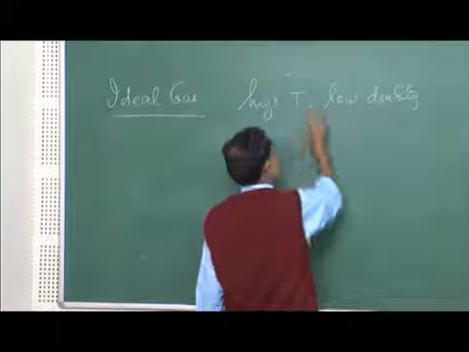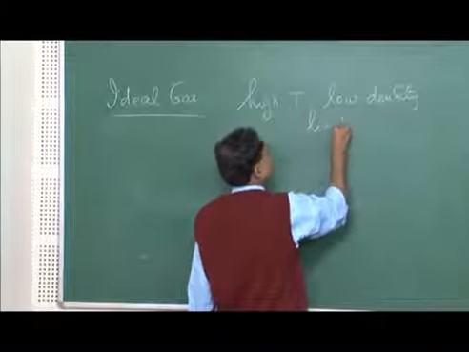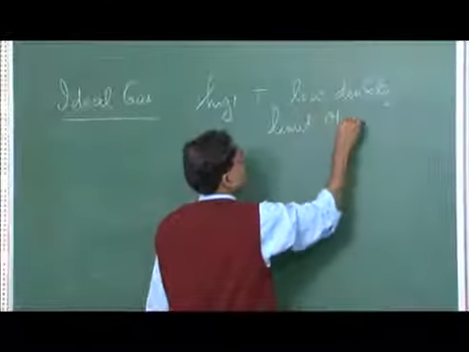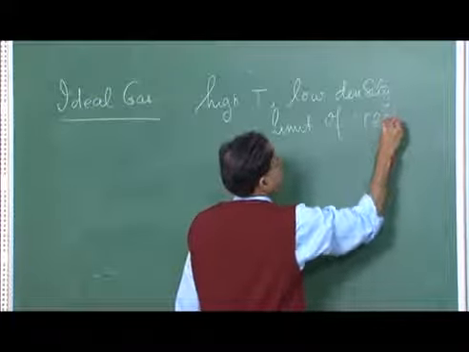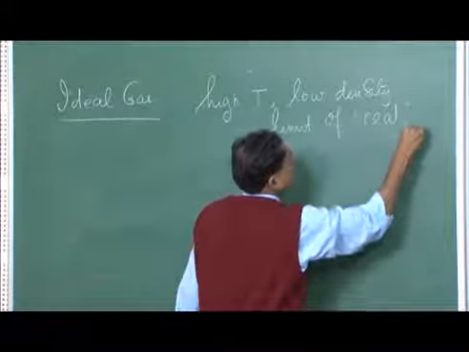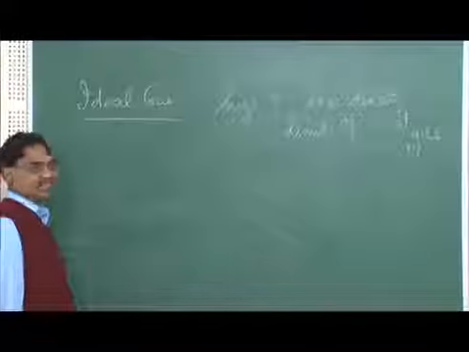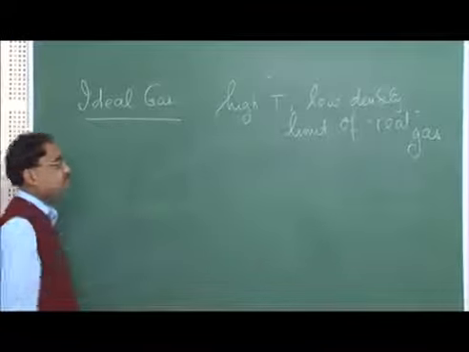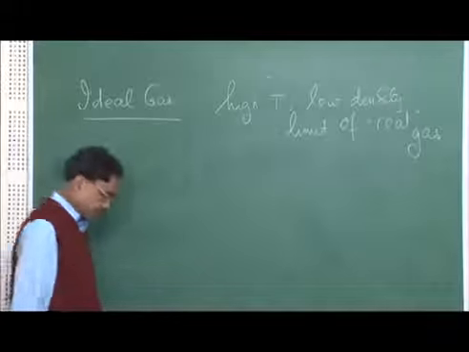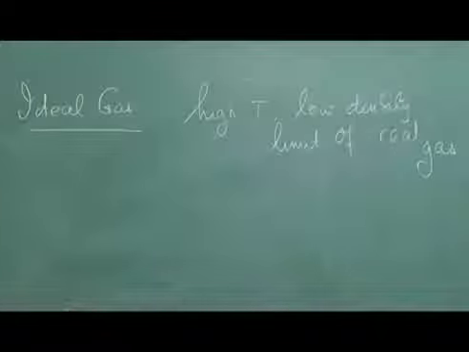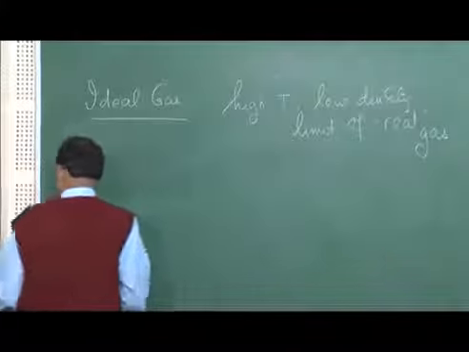Okay. This is your ideal gas, and it is the high T and low density limit of a real gas. Now, I told you briefly also about the laws of ideal gas, which one can verify experimentally with a real gas at low density and high temperature.